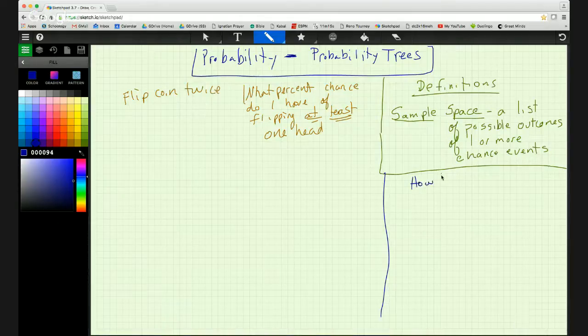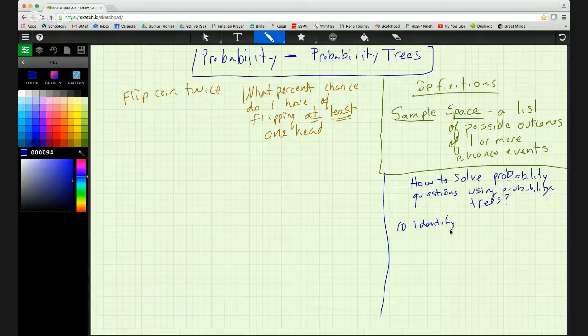Now, the way that we're going to do all of these problems is going to be the same. How to solve probability questions using probability trees. The first is to identify the choices, identify the events.